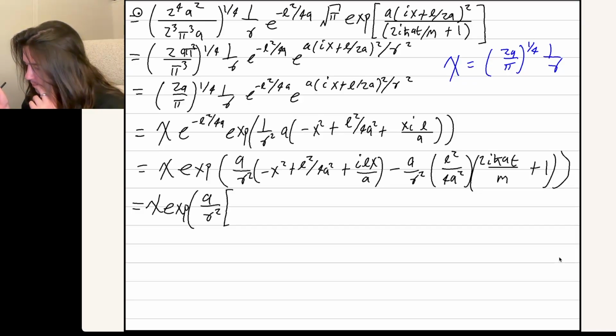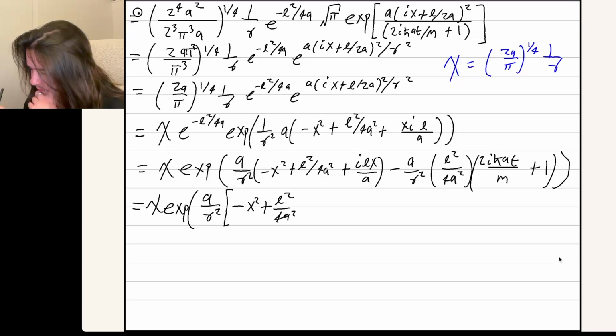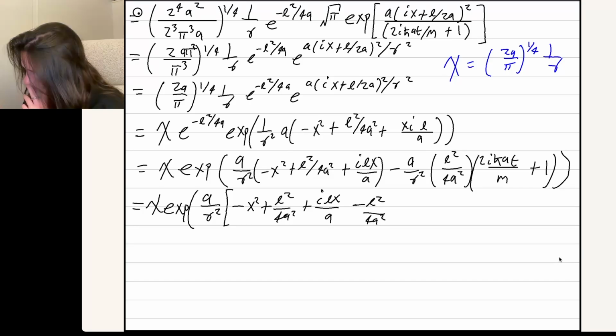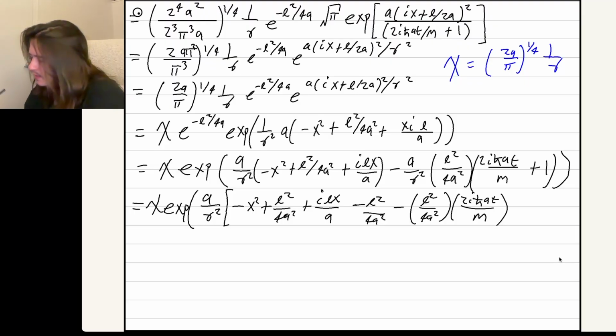So we're going to have minus x squared plus l squared over 4a squared plus ilx over a minus l squared over 4a squared minus l squared over 4a squared times 2i h bar t over m. Yeah. That should be everything.